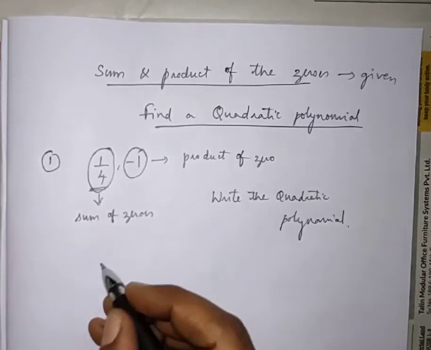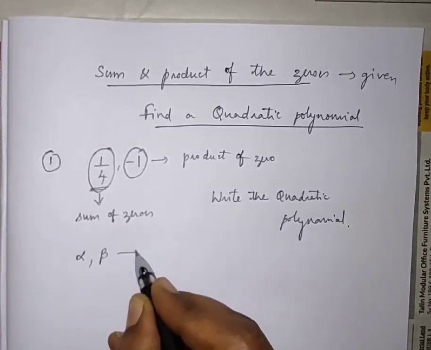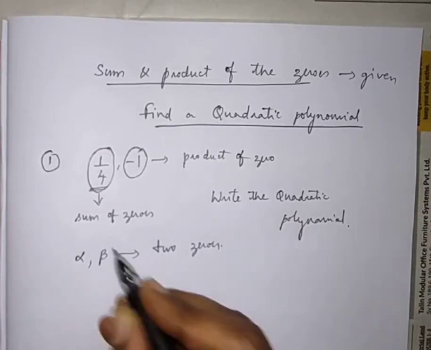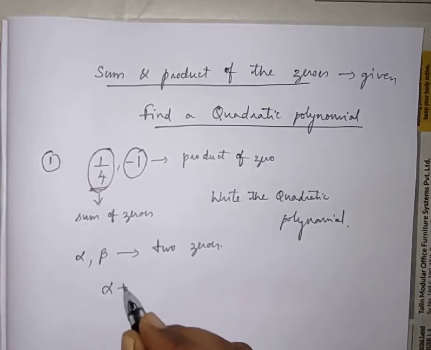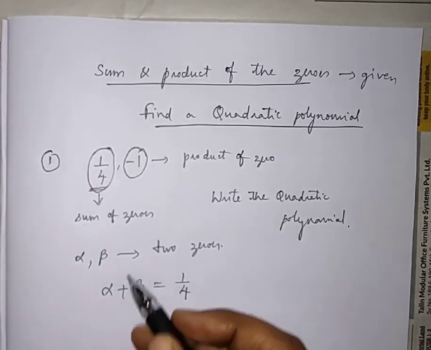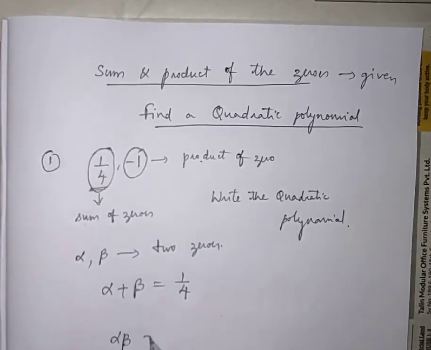So now here the sum is given. So you have to assume alpha, beta to be the two zeros of the polynomial. Because the sum is given, you write alpha plus beta is equal to 1 by 4, and the next one is the product, that means alpha beta, which is equal to minus 1.